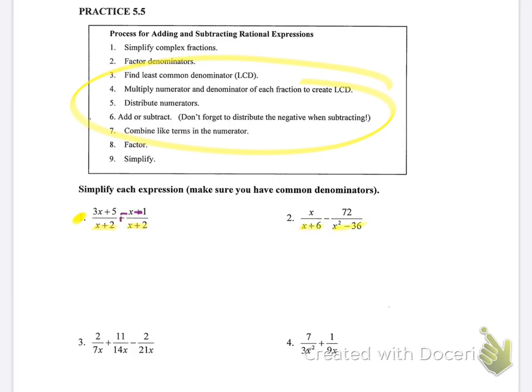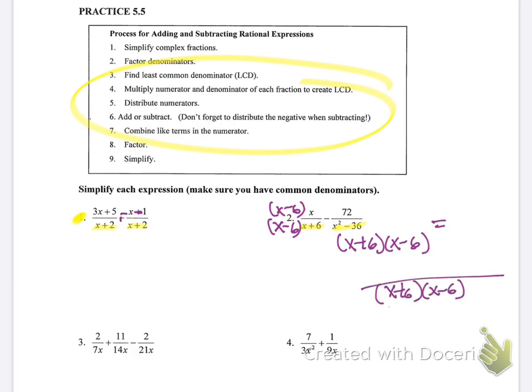This one, you need to factor first. So this would be x plus 6, x minus 6. And then you see that this is missing an x minus 6. So we multiply x minus 6 on top and bottom. Then once you have the x plus 6, x minus 6 in the denominator, you would distribute here and simplify. So what's that?